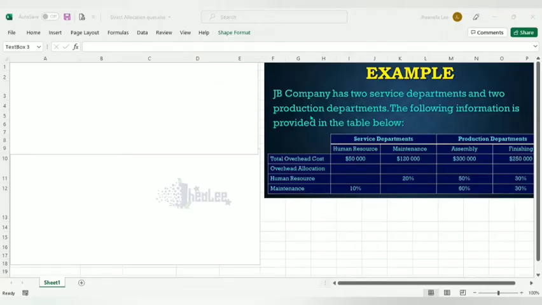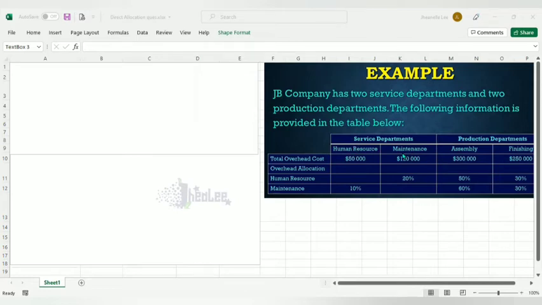All right, so here we have our question in this worksheet right here. The first thing that you have to do is to reassemble the data, because basically you want to ignore any reciprocal service offered between the human resource and the maintenance department.